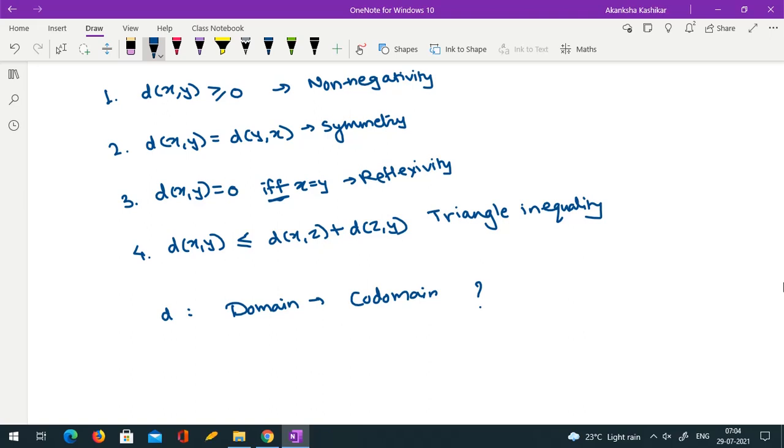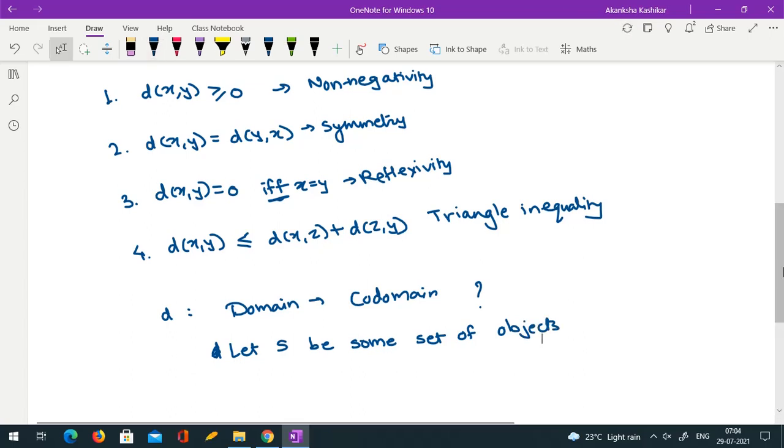Correct. So, for defining distance, you first need two things. You can't define distance unless you have two things. So, in general, we start with: let S be some set of objects, the set of those objects among which we have to find a distance.